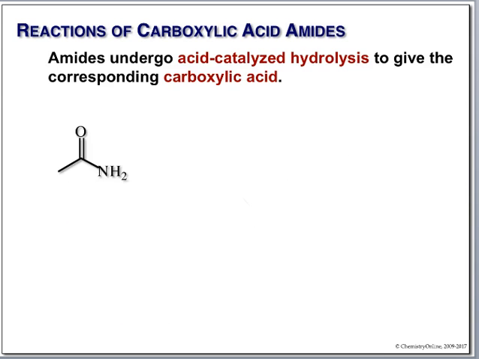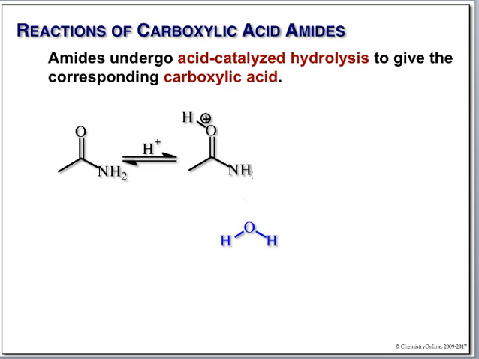Well, let's talk about amides a little bit. Amides are really, really unreactive when it comes to addition chemistry. And why is that? Well, that's because this really isn't a carbonyl. It's kind of like half a carbonyl, right? Because of the resonance. If you want to break it up, you want to do acid catalysis.